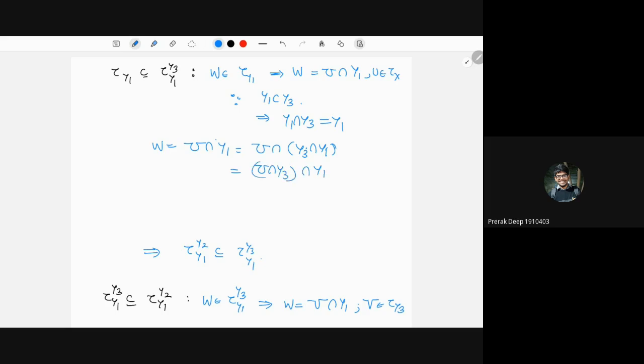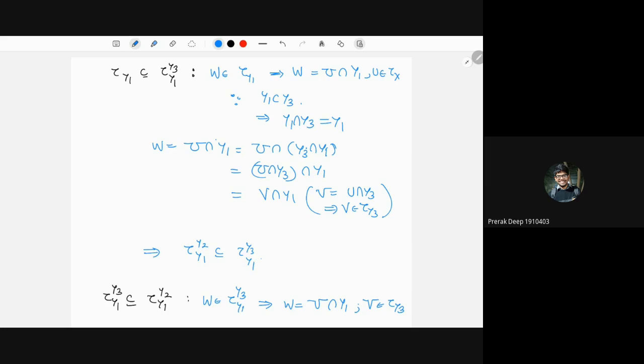Now u intersection y3 will give you an open set in tau y3. So v is u intersection y3, that is, v is in tau y3. Now what does this mean?